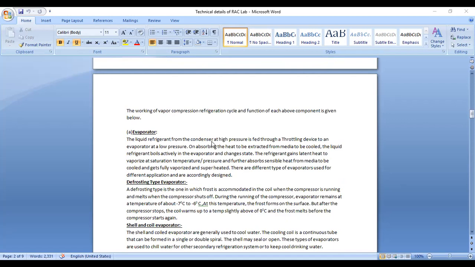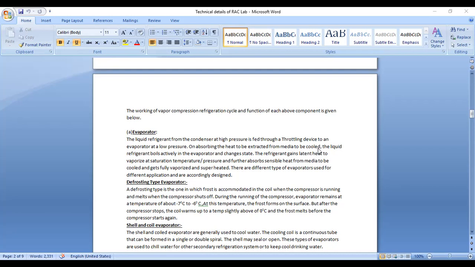The liquid refrigerant, what is its function? As I have told you, the liquid from the condenser at high pressure is fed to a throttling device and the pressure is reduced to a low pressure, then sent to the evaporator, absorbing the heat to be extracted from the medium to be cooled.